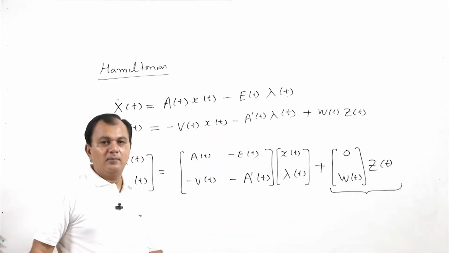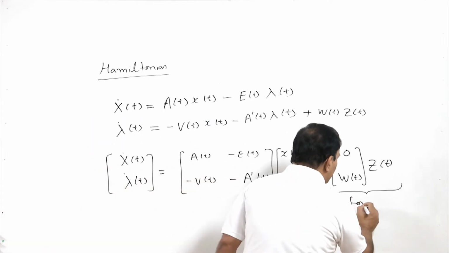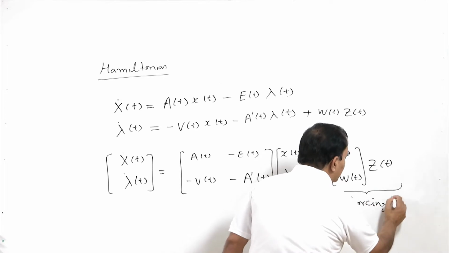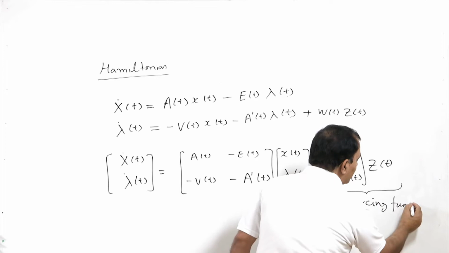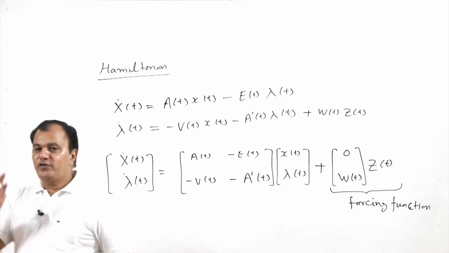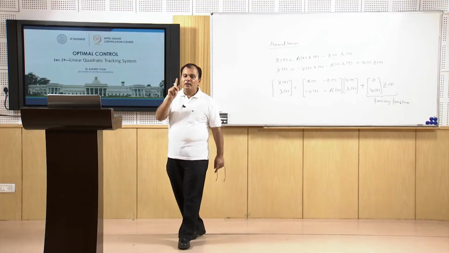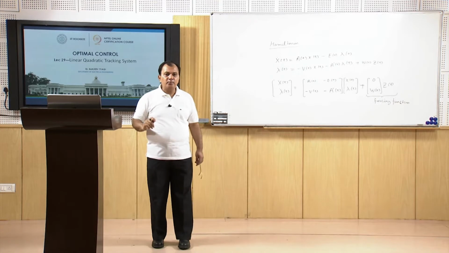this extra term, and naturally this extra term will be nothing but the forcing function, because z we have taken as my reference or the desired input.